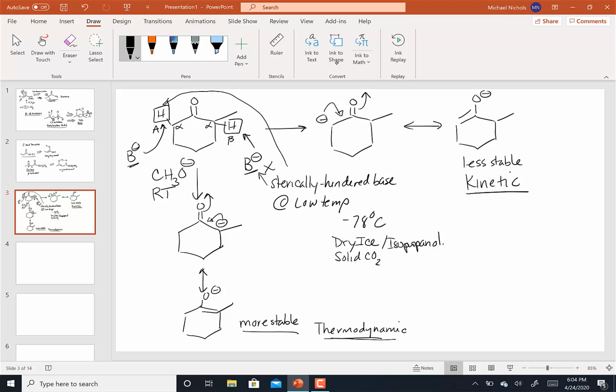Tertiary butoxide? Yeah, I would use our new friend. We would use our sterically hindered strong base called LDA, lithium diisopropylamide.